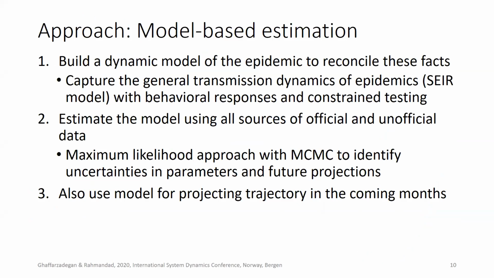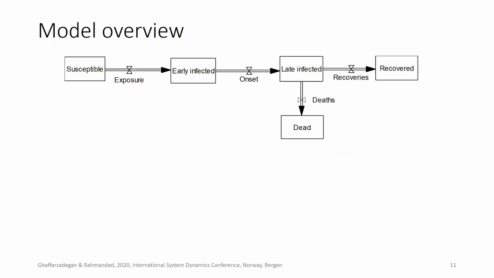This is model-wise, but we also use estimation techniques to have estimates for our unknown parameters, because the problem is about estimation of cases. So estimating parameters will be very important. And then once you calibrate your model and estimate your parameters, we can also look at the trajectory in the coming month.